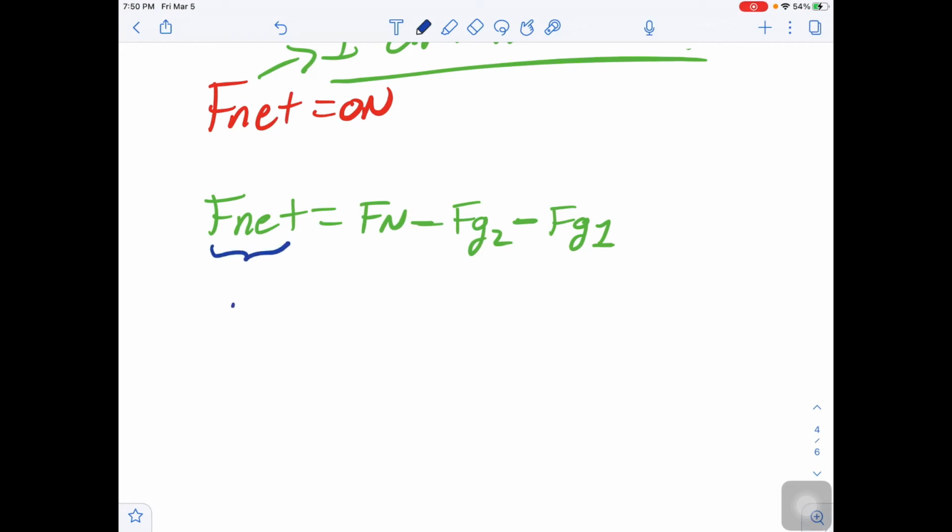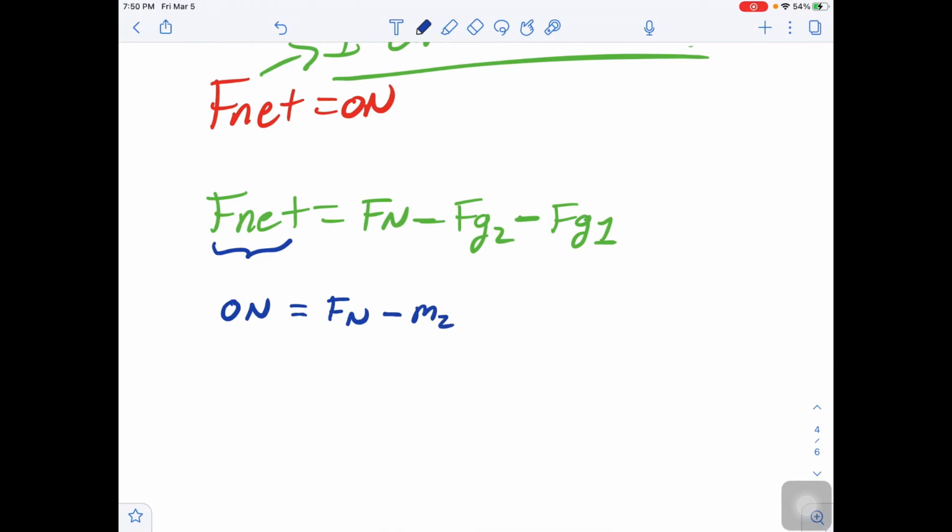So again, net force is 0 newtons. We're solving for the normal force minus, and we can plug some values in here. The force of gravity 2 is the mass of 2 times the gravity minus the force of gravity 1, which is the mass of 1 times gravity.